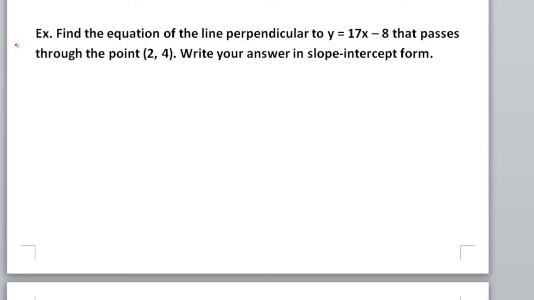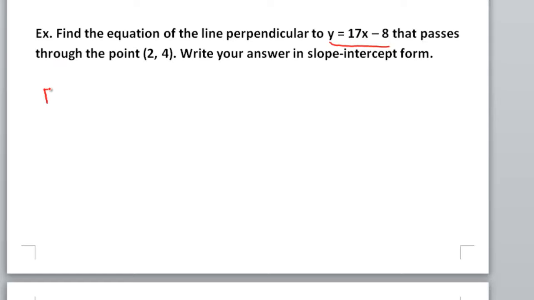In this last example, we're going to again find the equation of a line perpendicular to a line that we know. In this case, the line that we know is y equals 17x minus 8. So we want to find the equation of a line perpendicular to that passes through the point 2, 4. So there are no shortcuts here. We have to do the work.